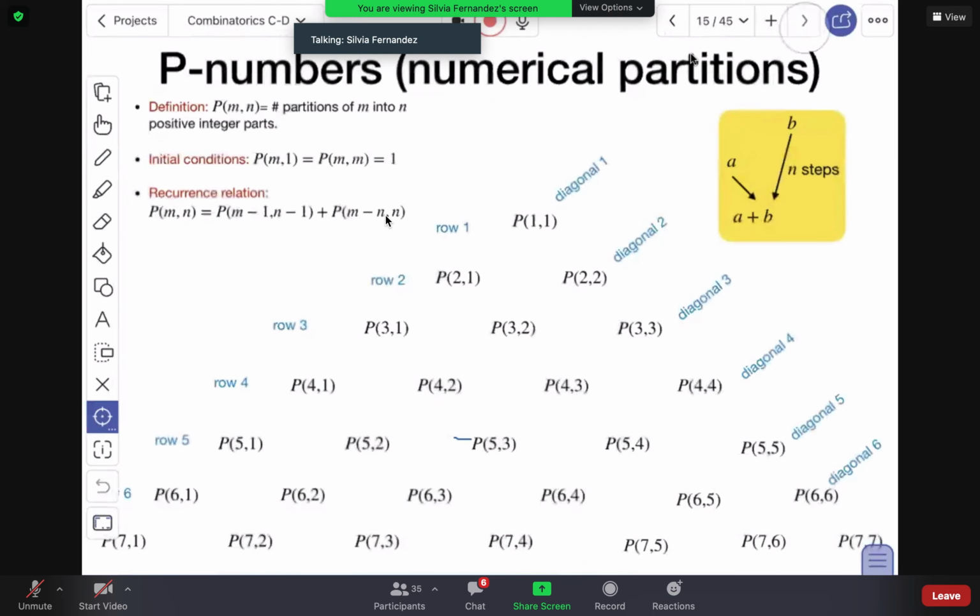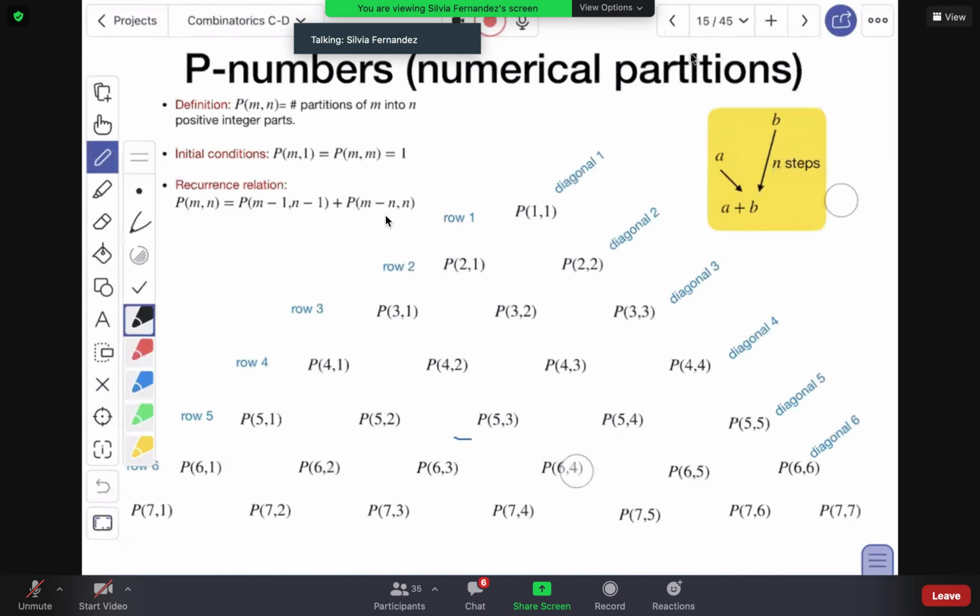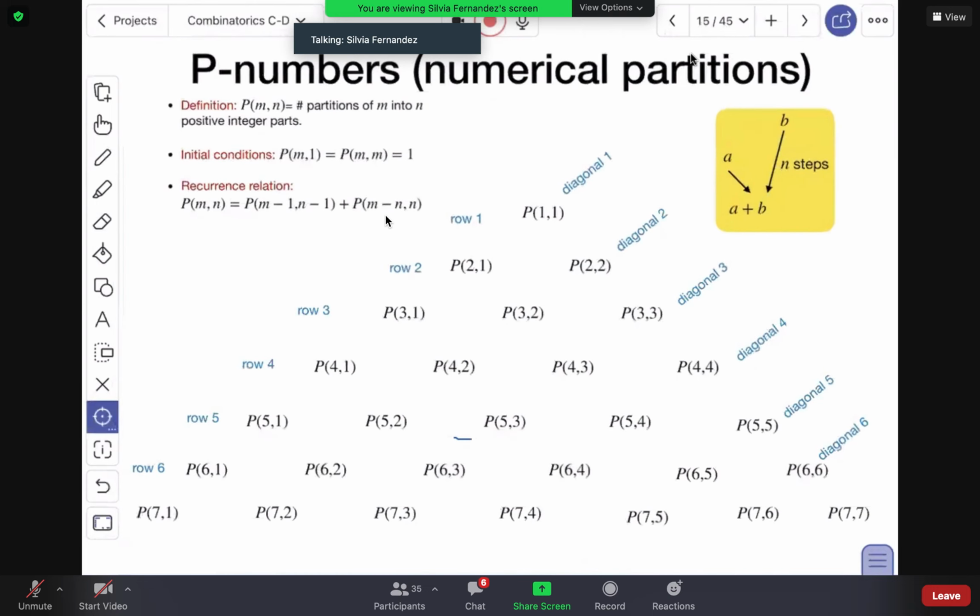And this one is harder. This is for the numerical partitions. It's kind of crazy, but there is still a way of doing it. The initial conditions are the same as in the usual Pascal triangles, so all of these are ones.